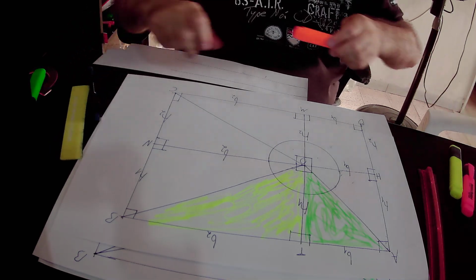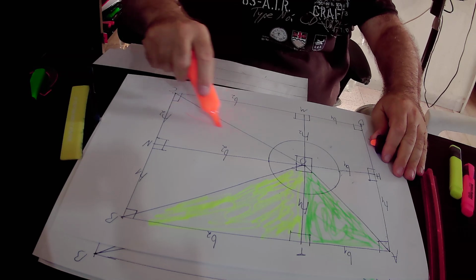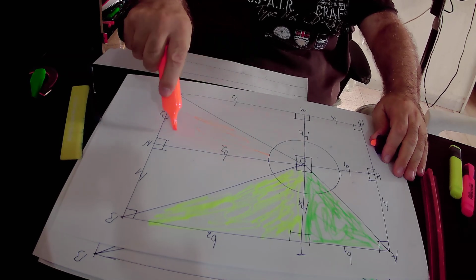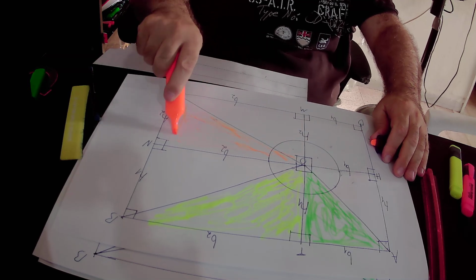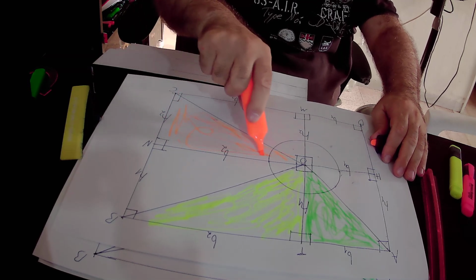And we'll implement the Pythagoras theorem on the right orange triangle, triangle ONC.